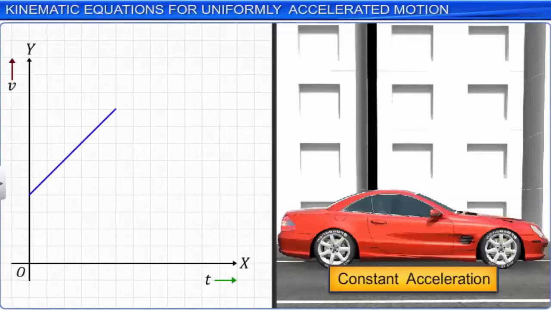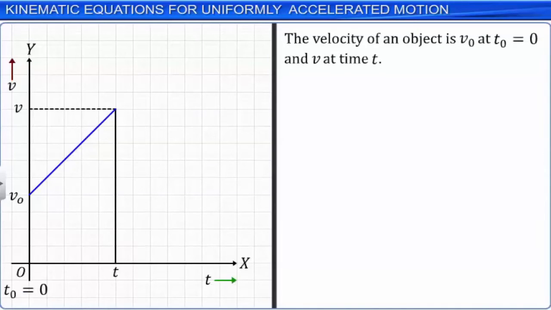The first equation is the relation between initial velocity v naught, final velocity v, uniform acceleration a, and time t. The velocity of an object is v naught at t naught equal to 0 and v at time t. Average acceleration a dash is the ratio of the difference between v and v naught and the difference between t and 0.